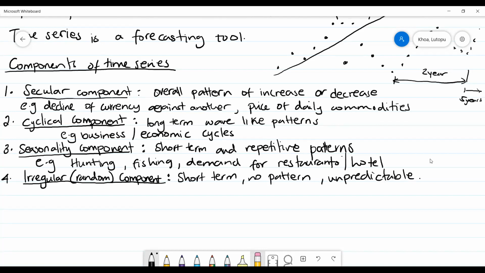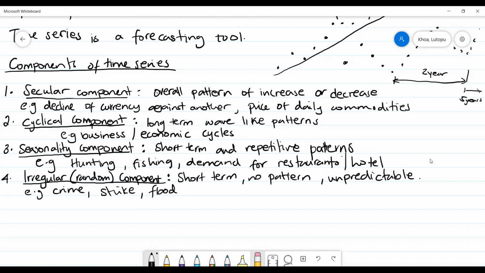Okay, so for example, you can have crime, you can have a strike, which will just happen when it happens, a flood will just happen, or the pandemic that happened. For example, let's say you were looking at mask sales. You're in the field of selling masks.